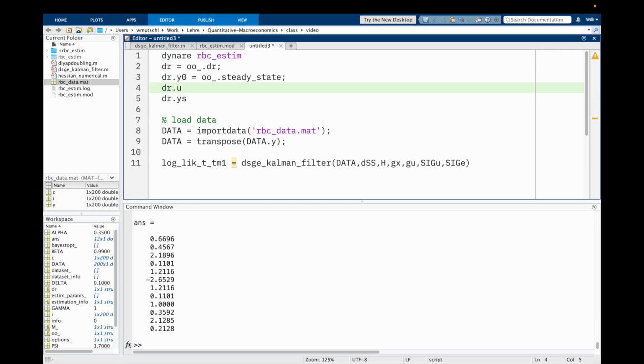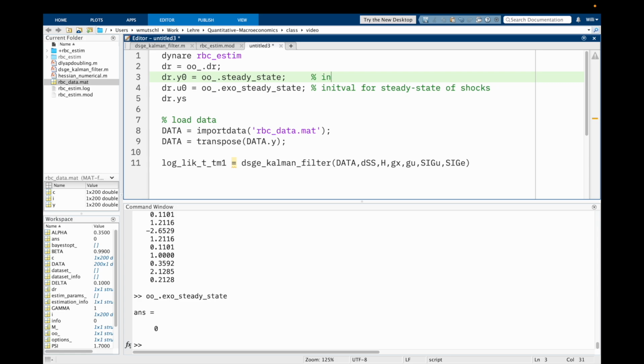And even though we have a stochastic model, the steady state for the endogenous will always be 0. And this is stored here. In deterministic contexts, this might be different, but let me write this down. This is the initval for the steady state of shocks. This is the initval for the steady state of endogenous variables.